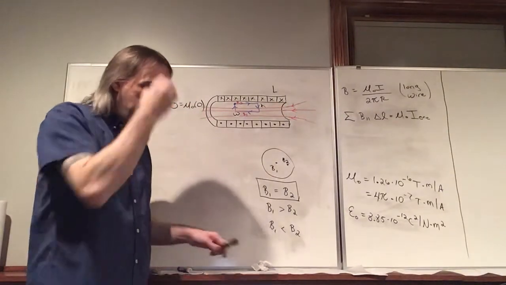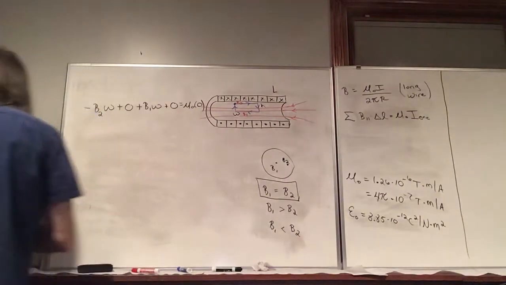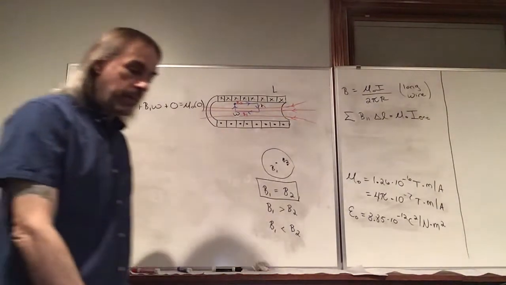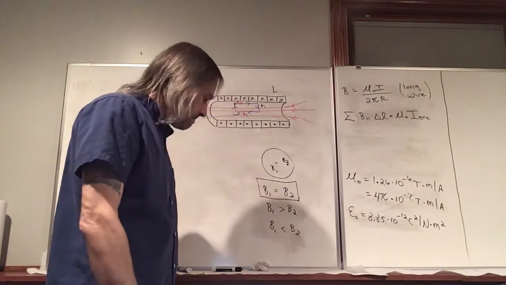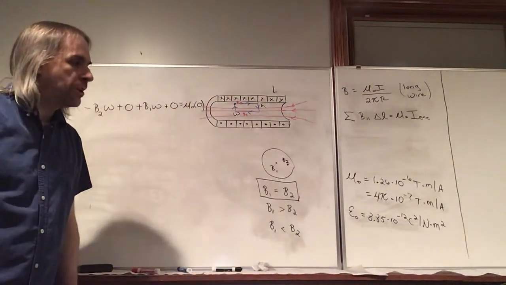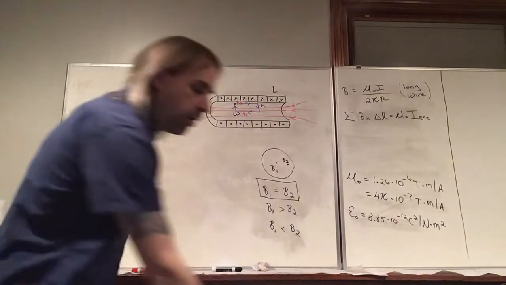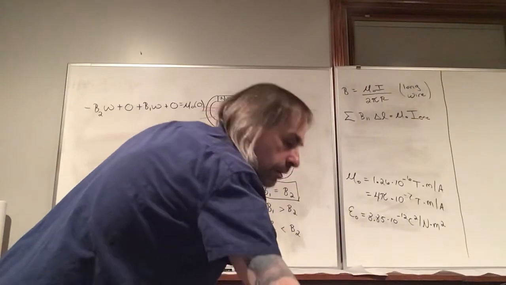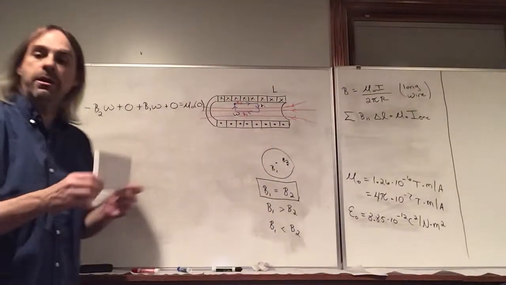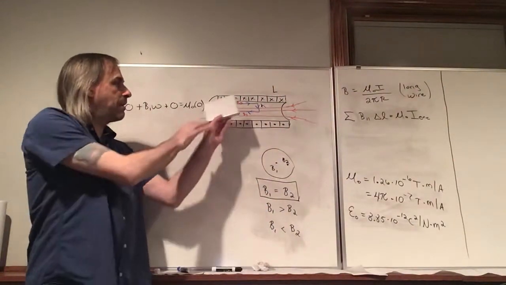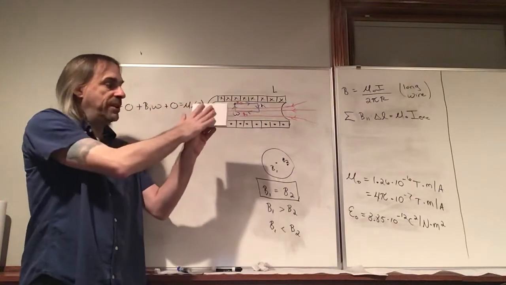So let's see if I can think of a physical example here. Looking for a rectangle, basically, a small rectangle. Oh, here. This rectangle is a little bigger. But say this was our Amperian surface.